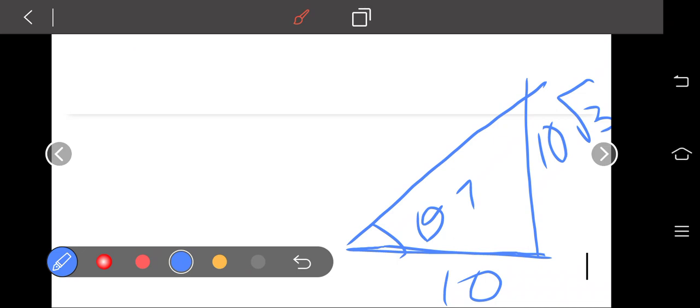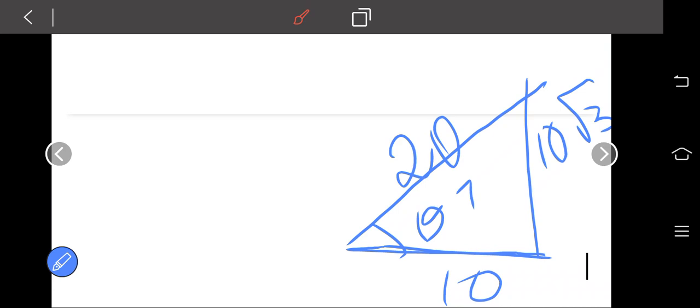You can take the other side, but even if you don't, there is no problem. If you take the other side, then by using Pythagoras theorem you will get 20. If you still wanted to find it out, that's totally fine.